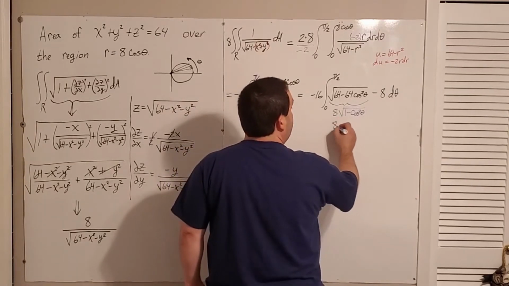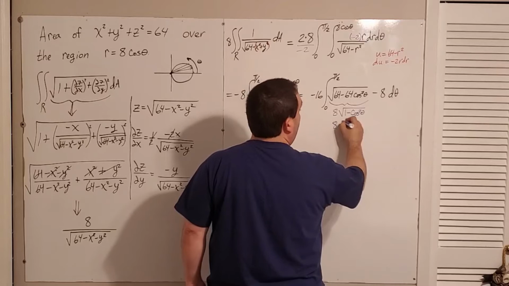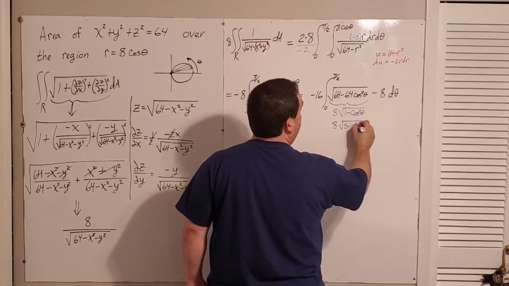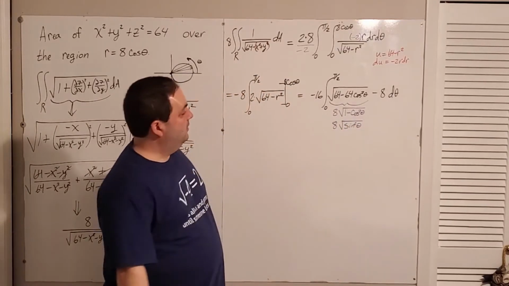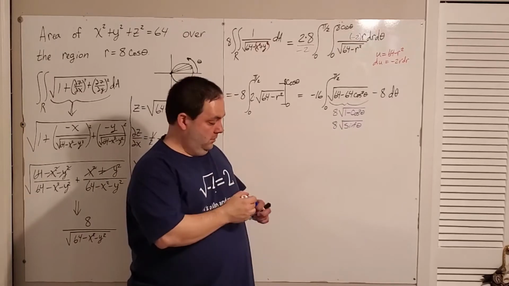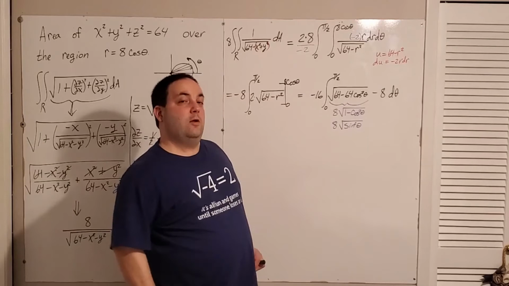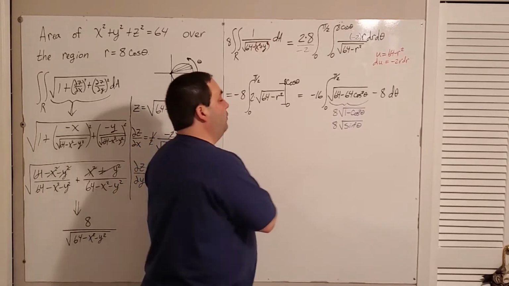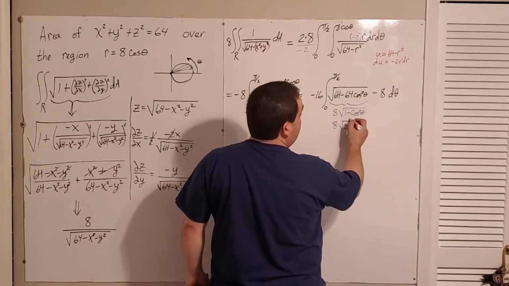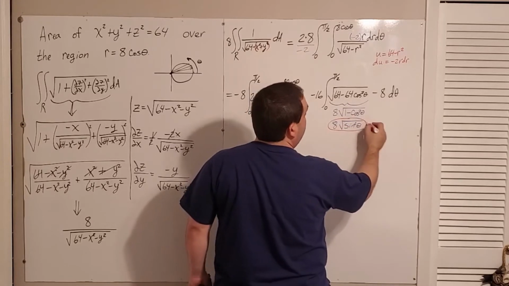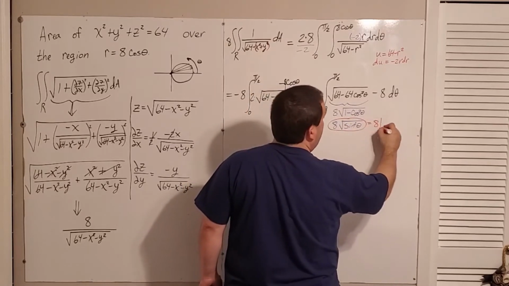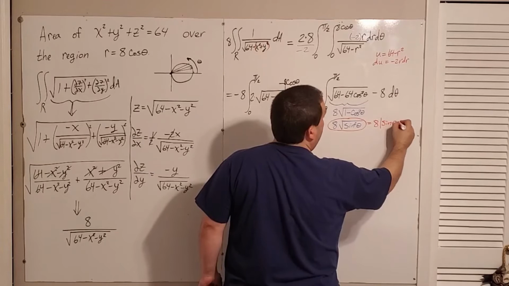So this is 8 times the square root of sine squared theta. Be careful here, okay? Many a time we just like to wipe out things that are opposites. But the thing you really need to notice here is that this simplifies to 8 times the absolute value of sine theta.